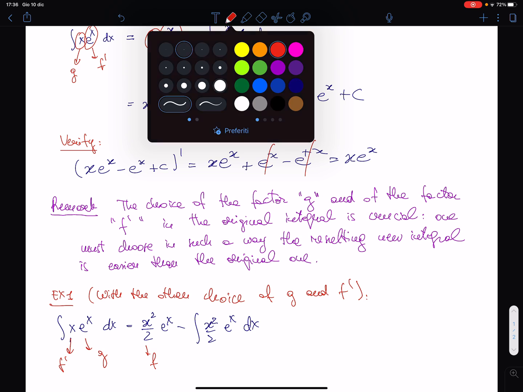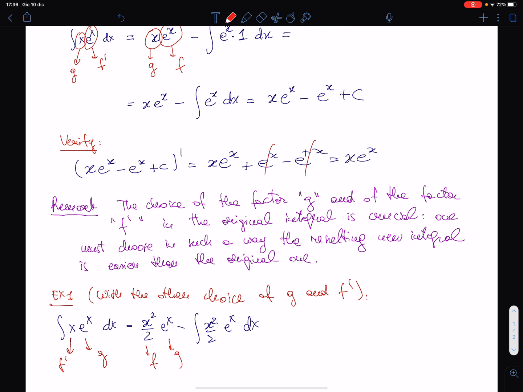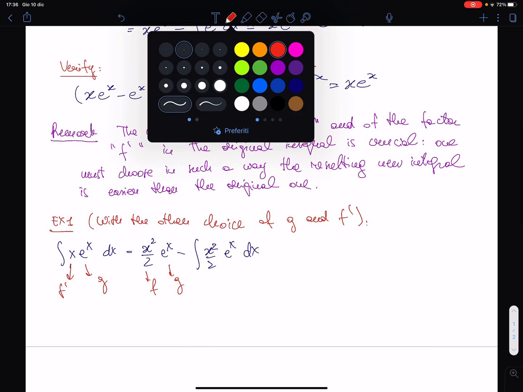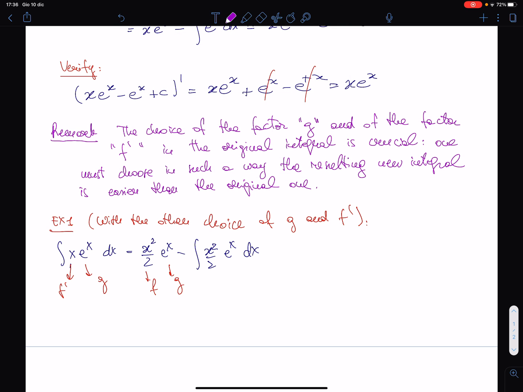And you see that the second integral, the integral we end up with, is more difficult than the original one.